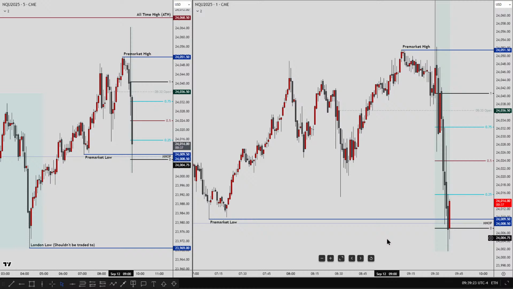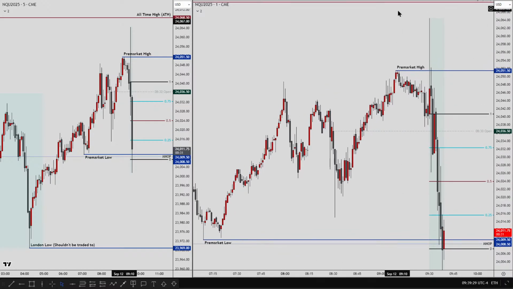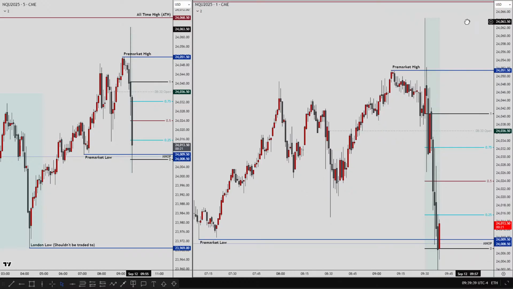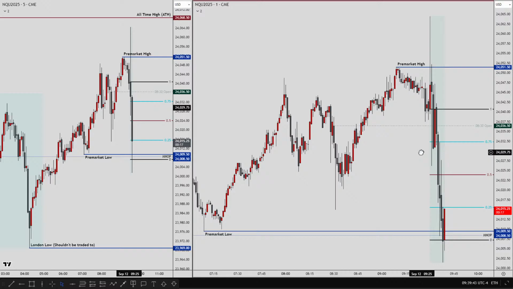Now the sell once you sweep the pre-market high? No, I wouldn't have taken it if I was looking at all-time highs. Generally, I don't want to be in sells when we're this close to all-time highs. It's kind of trend trading, but you can. In my opinion, it's just easier for everyone. It's cringe, but yeah, trade with the trend.